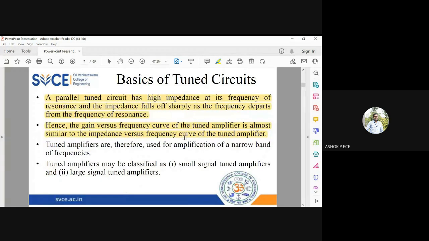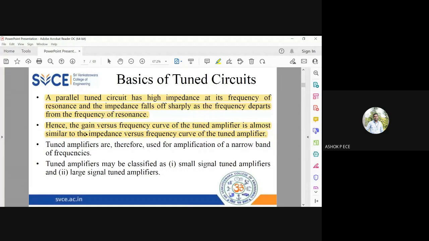Generally, a parallel tuned circuit has a huge impedance compared to the series circuit. And the gain versus frequency response graph is exactly the same as the impedance versus frequency response graph.